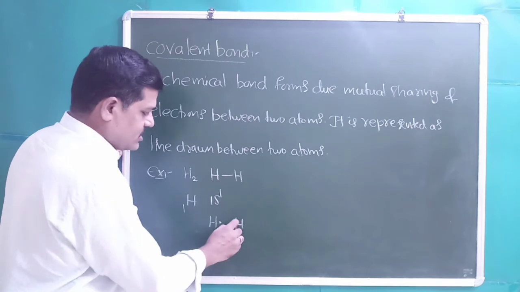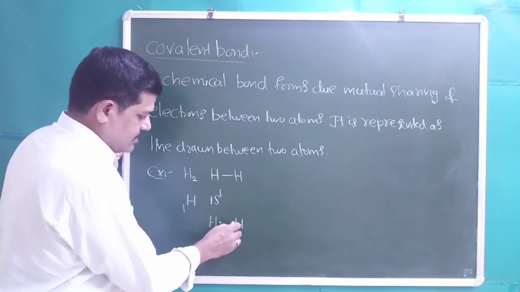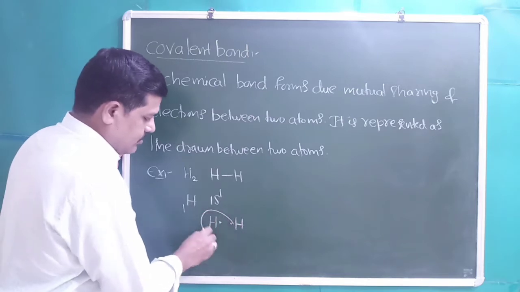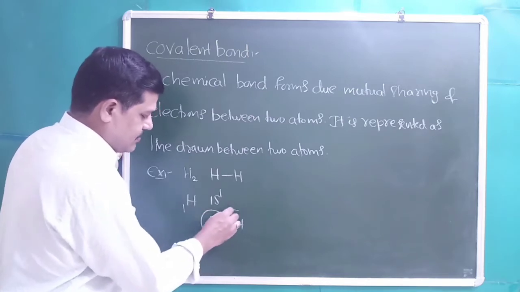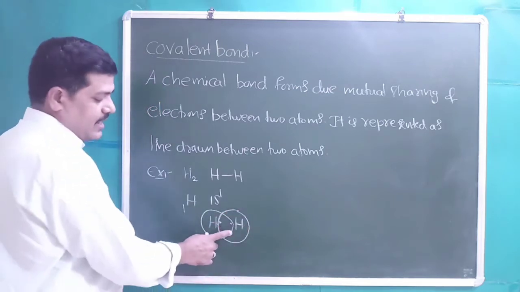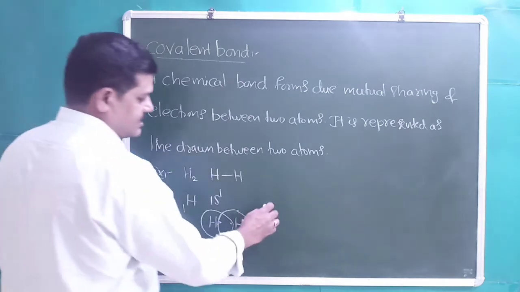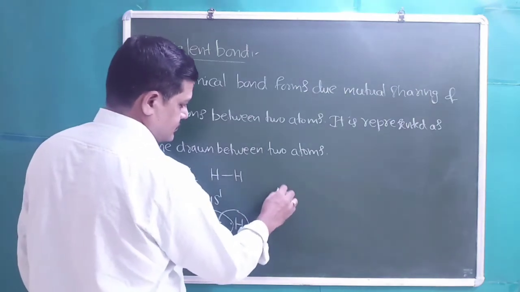Another hydrogen also has 1 electron. These are mutually sharing the electron pair. One electron pair is equally shared between two atoms, that is called a single bond.